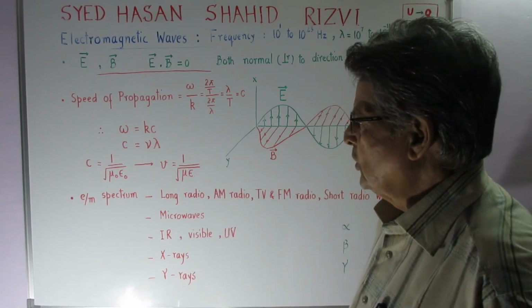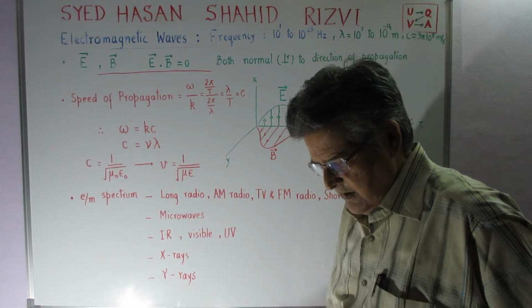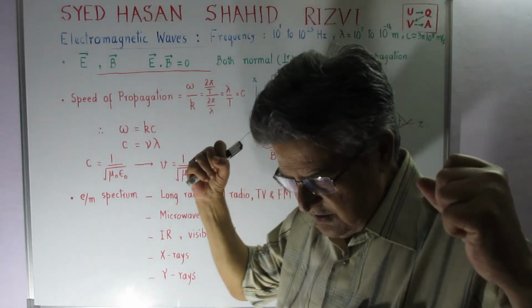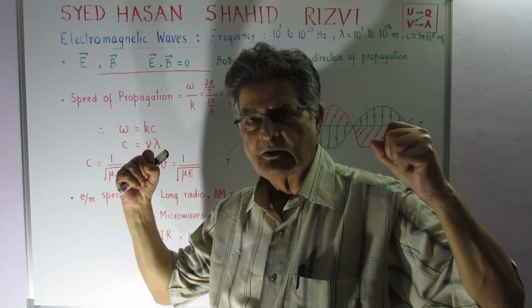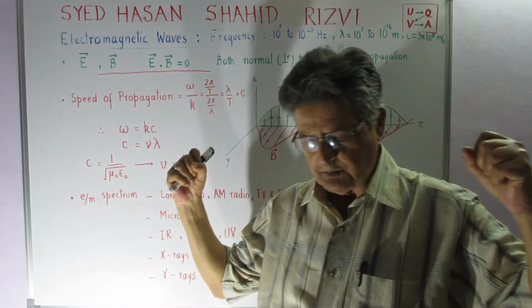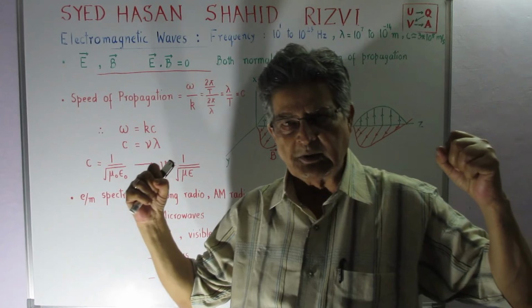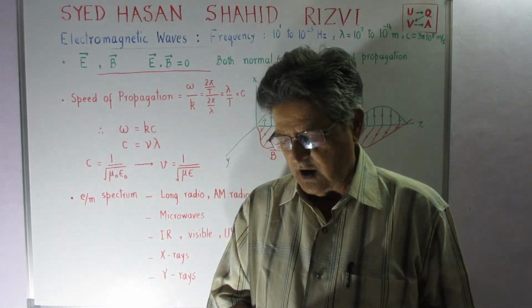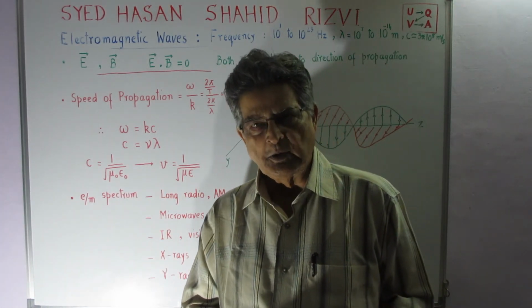So with that, it's an end to book 1, which is normally taken in one of the very important and big boards in India, the CBSE board, and catered by NCERT books.